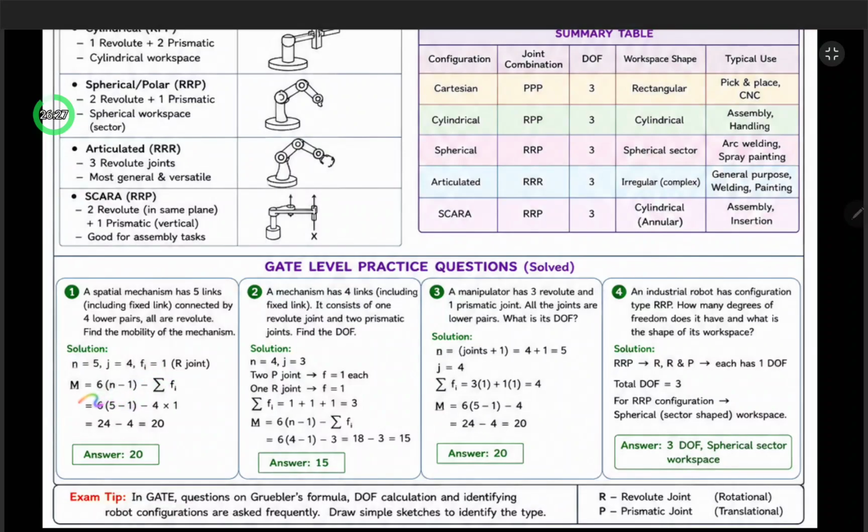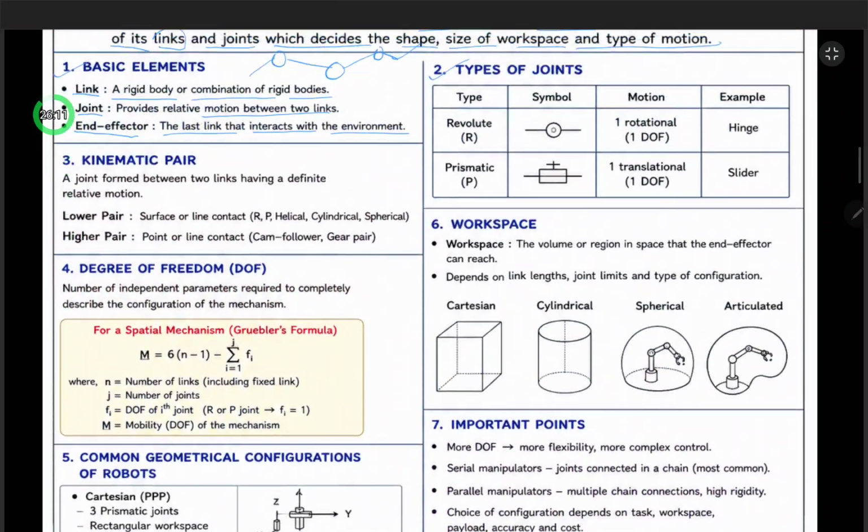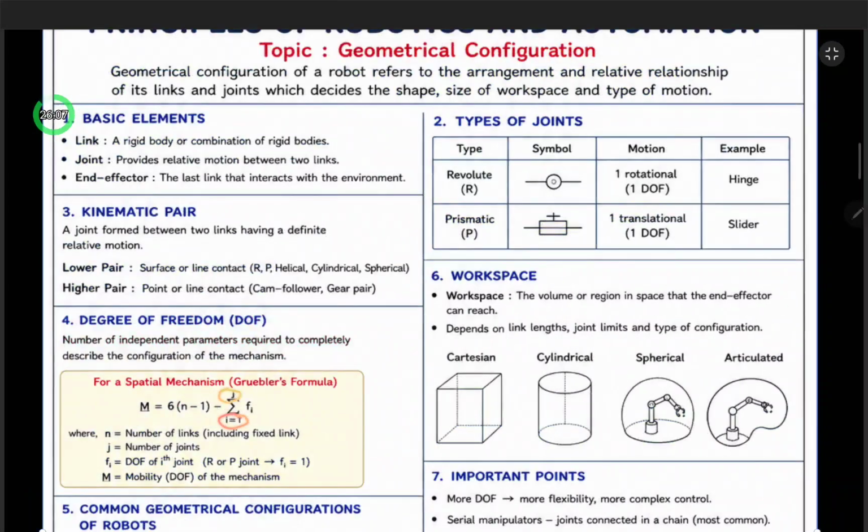Okay, R joint. Now M equals 6 into (n minus 1) minus summation of f_i. This is the formula. Now here the lower pairs are 4, so I will go from 1 to 4.